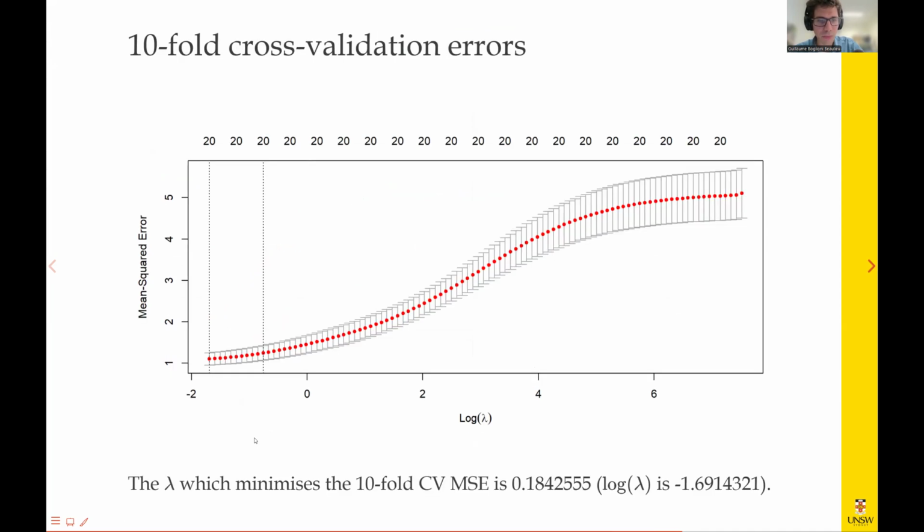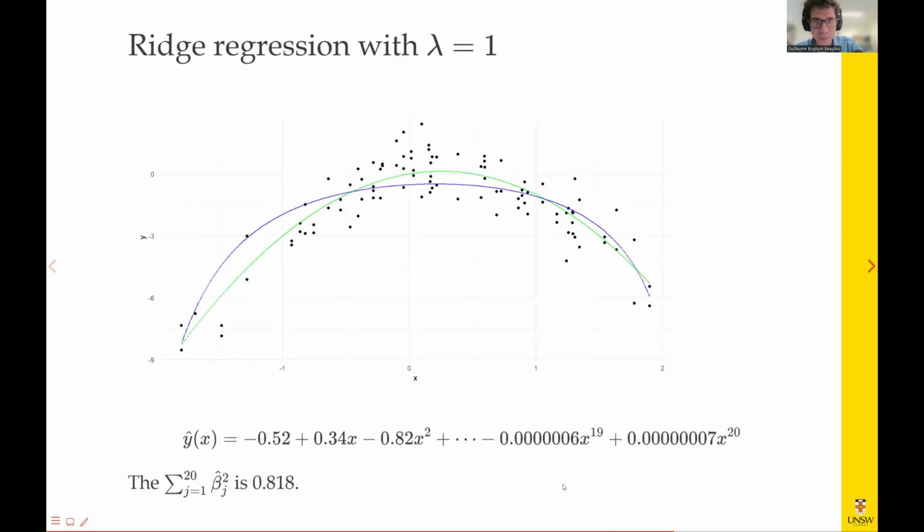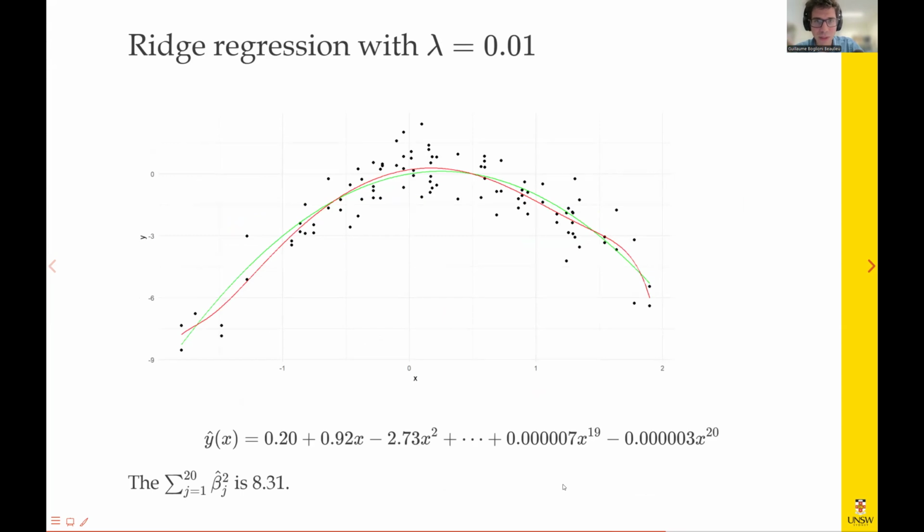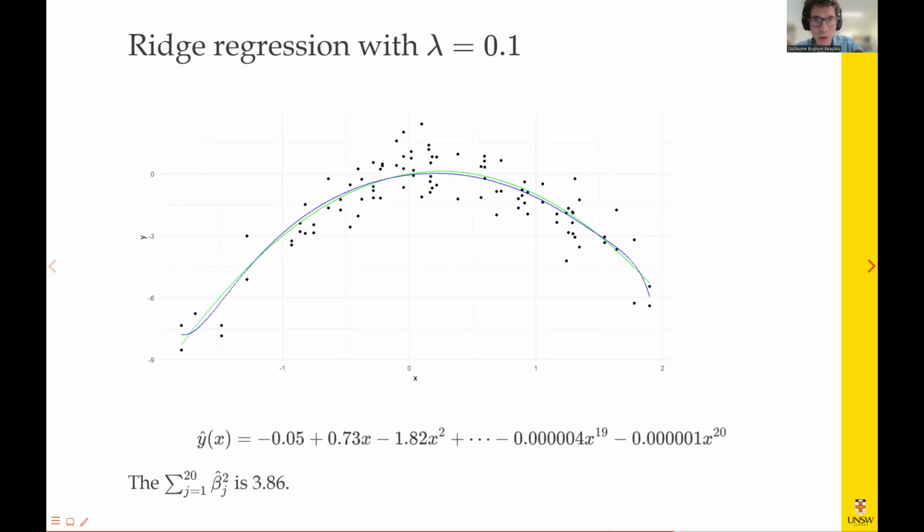This first dotted line here is where the lambda that yields the best mean squared error is. And here in this specific example, the R package will tell you that the lambda which minimizes the 10-fold cross-validation error is 0.18, which kind of makes sense, because we said manually that 0.01 is already good and 0.1 is better. We don't have 0.18 here, but it would be maybe even better.